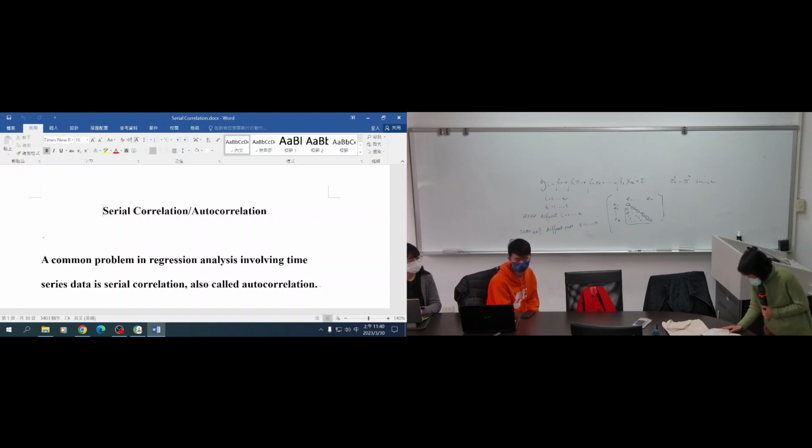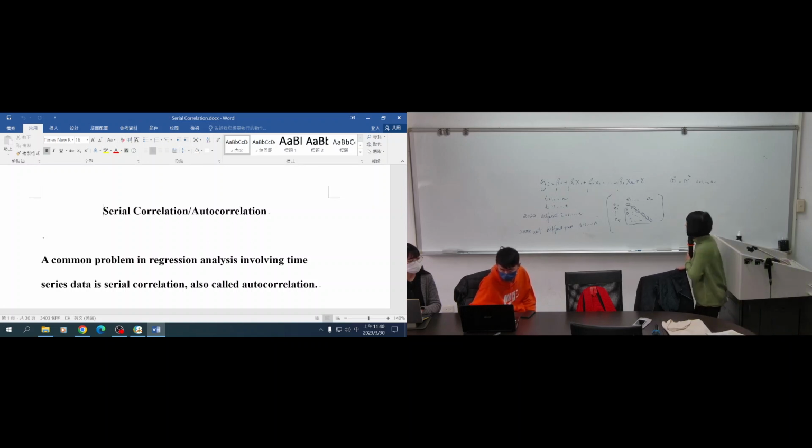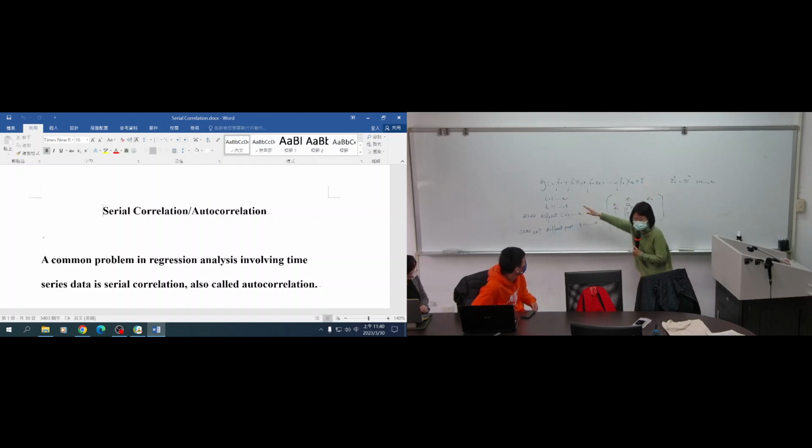And the most common one. Now look at this one. We are talking about this notation; we're not talking about all of them. This one is epsilon t. The most common model of autocorrelation is what we call first order.